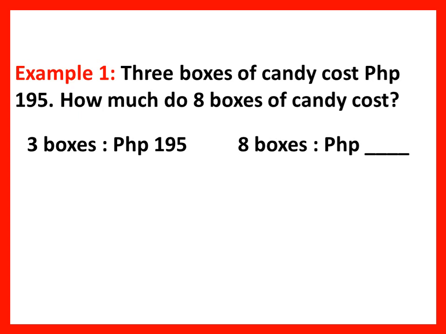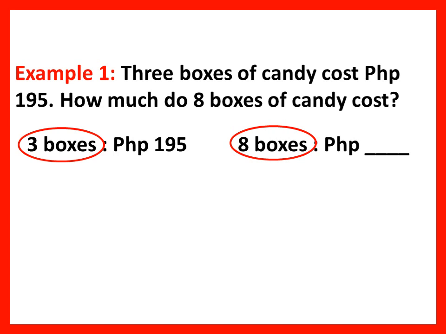Looking at this, the 3 boxes and 8 boxes is our first variable. The other one, 195 pesos and blank pesos, is the other variable, which is the amount of money.